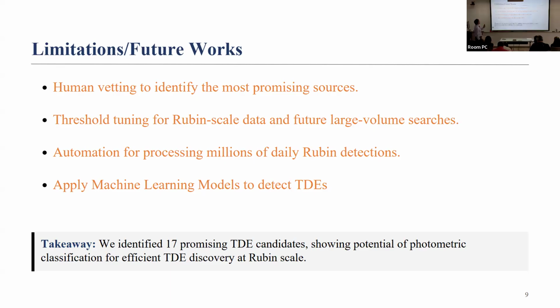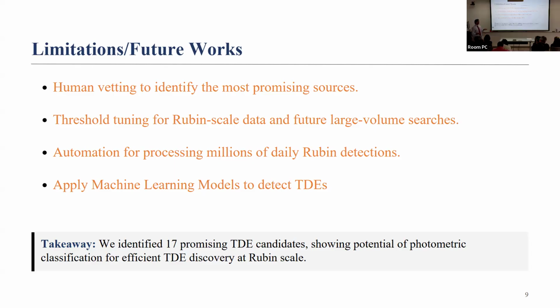Threshold tuning for the Rubin scale data, because all the thresholds that we used were mainly derived from other current sky surveys. As for the sources that Rubin detects, there will be some changes, so we need to tune those thresholds. Also automation for processing millions of daily Rubin detections, and applying a machine learning model to detect TDEs.